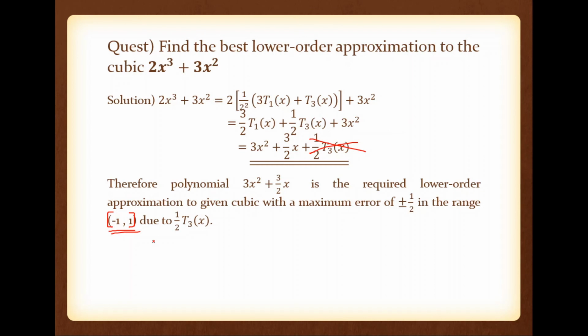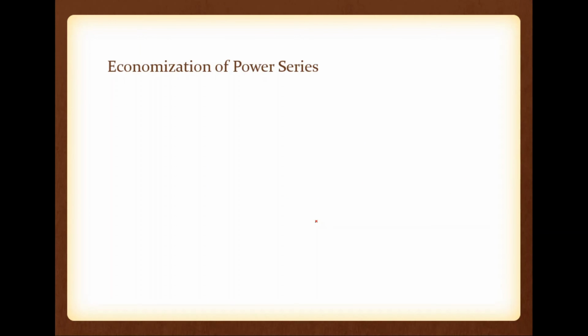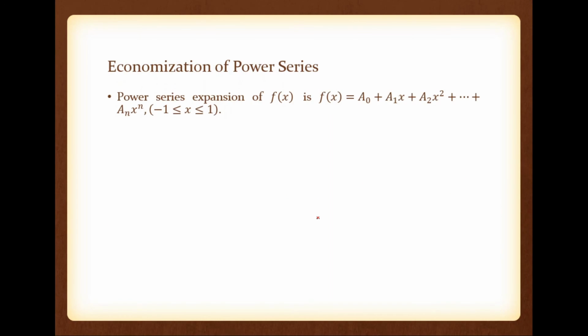Now another advantage is we can economize the power series. Economization of power series, that is also possible. So for example, say we have some function and its power series expansion is f of x is equal to a0 plus a1x plus a2x square plus etc. plus an x raised to n.